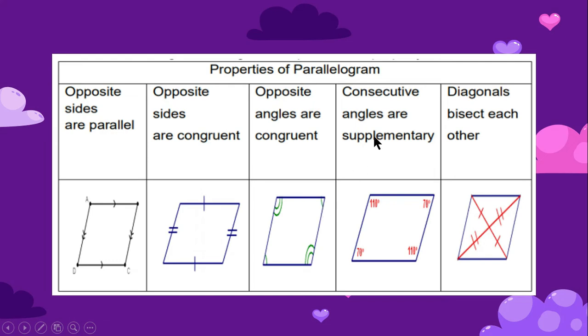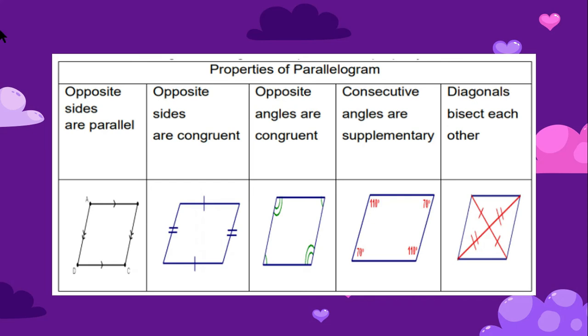The fourth property is that consecutive angles are supplementary. What do we mean by supplementary? Supplementary angles are two or more angles that have a sum of 180 degrees. When you add two angles or three angles, the sum should be 180 degrees.